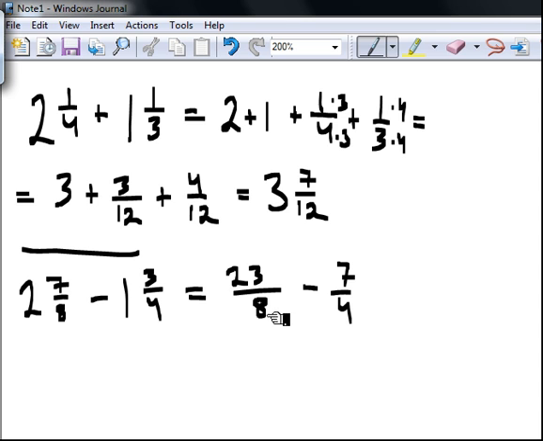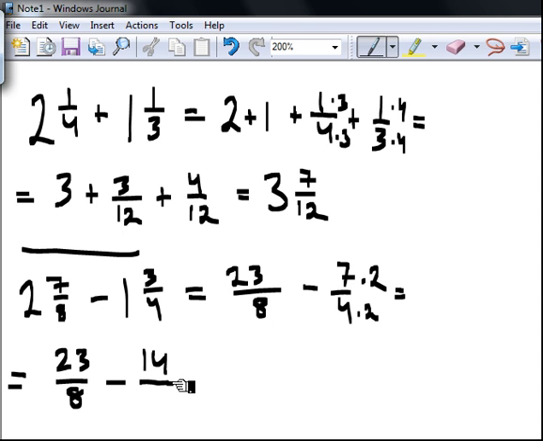But here we have 8s and here we have 4s. So let's change this. We can only change, let's say we're just going to change the second one into 8s. So we just multiply by 2 down here and up here. Then we're going to have, continue here on the second row, 23 over 8 minus 7 times 2 is 14 over 8.